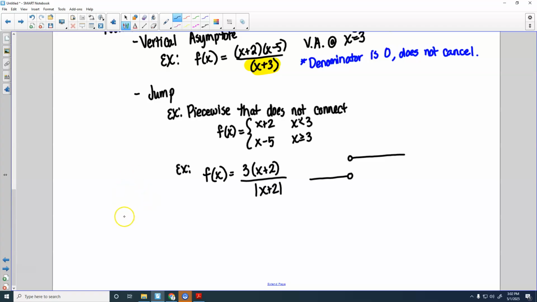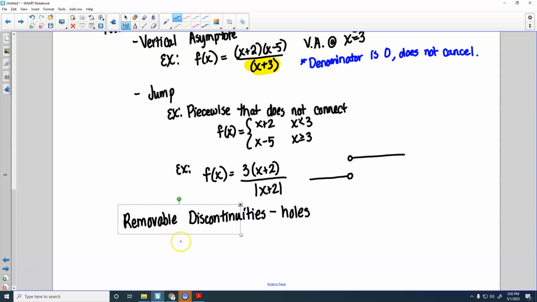Then you can also have removable discontinuities. Okay, and removable discontinuities, these are your holes. So your example for that would be f(x) equals (x plus 2) over (x minus 1)(x plus 2).